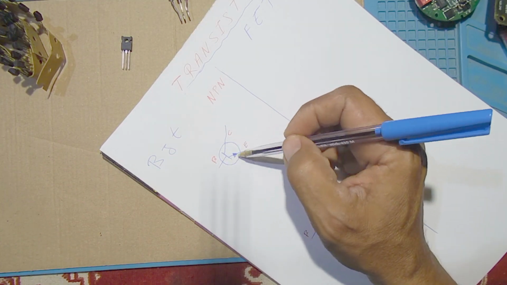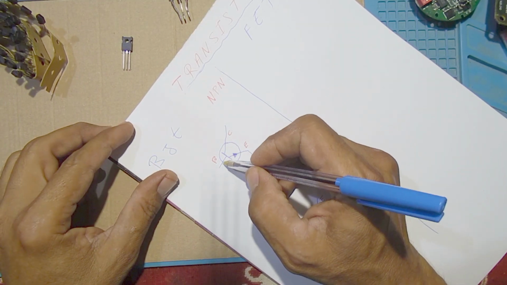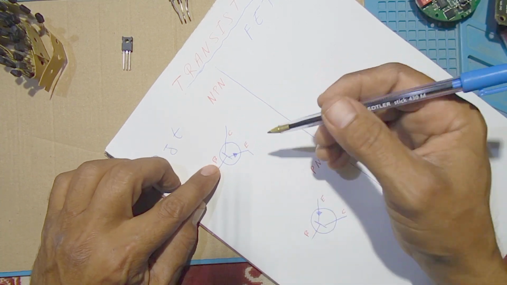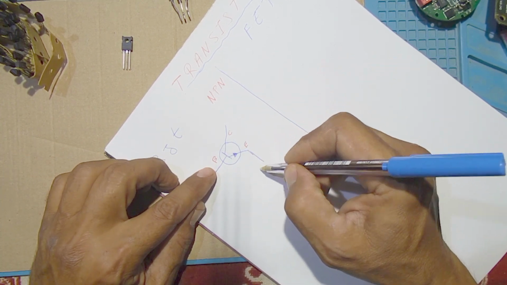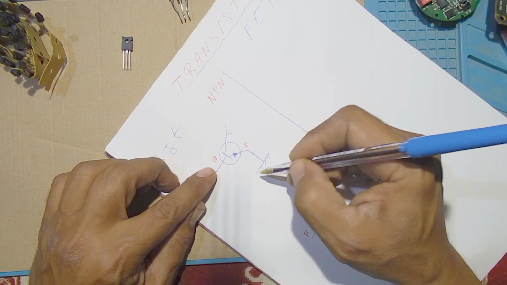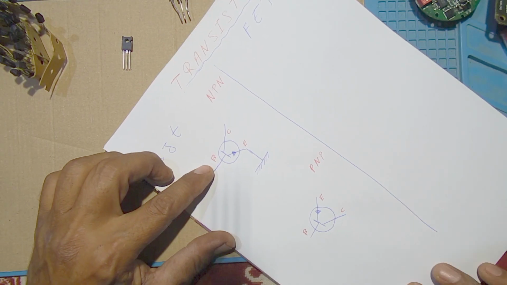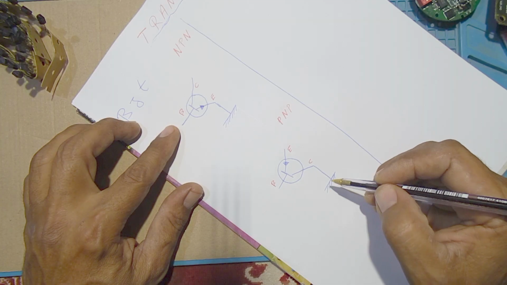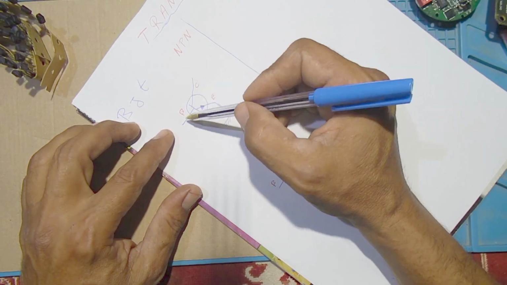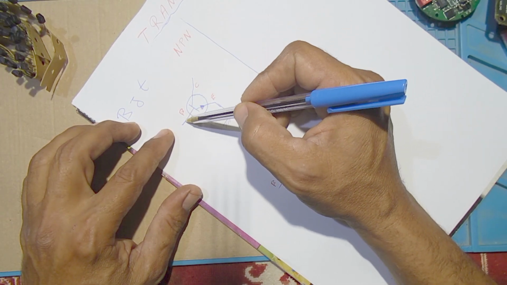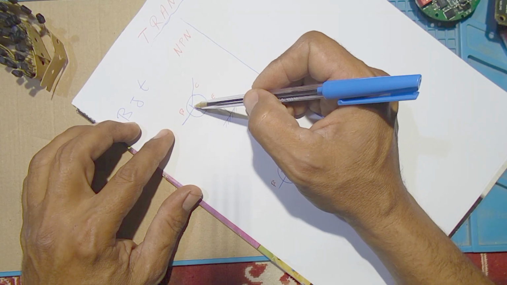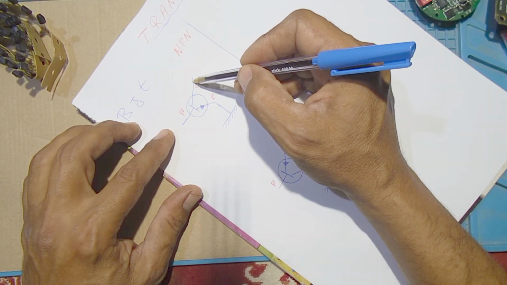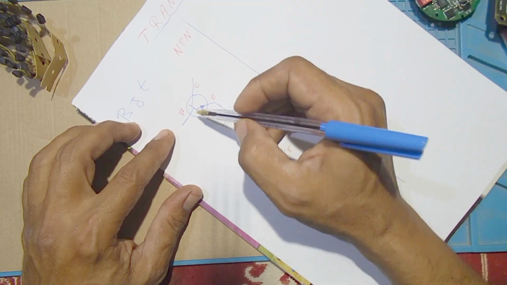To make this transistor switch, we must inject a current from the base. Here we put the ground. When we inject a small amount of current from the base, it will induce a current from the collector to the emitter.